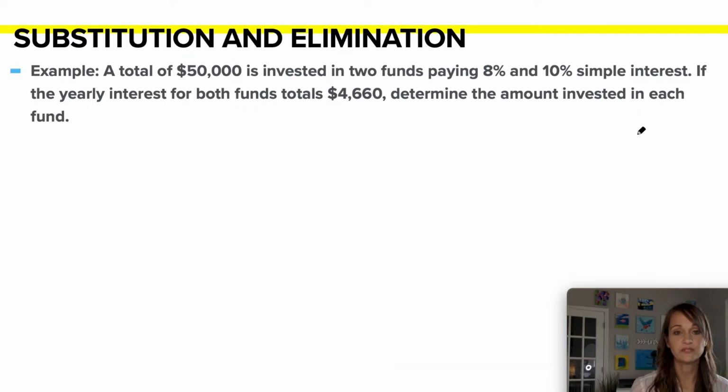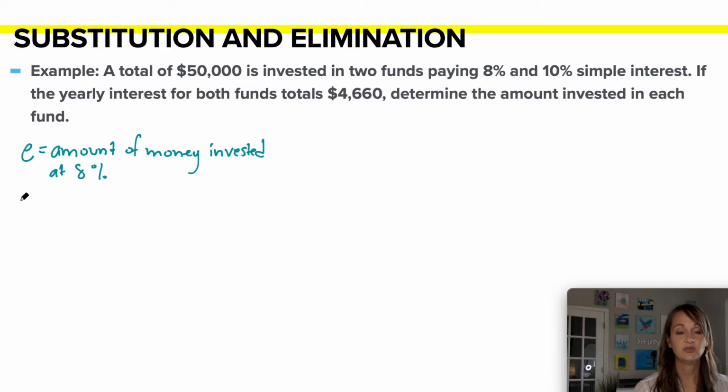Now, word problems do the exact same thing. As you read the word problem, you will be able to write the equations out. So let's look at an example. A total of $50,000 is invested into two funds paying 8% and 10% interest. I am going to use the letter E to represent the amount of money invested at 8% interest.